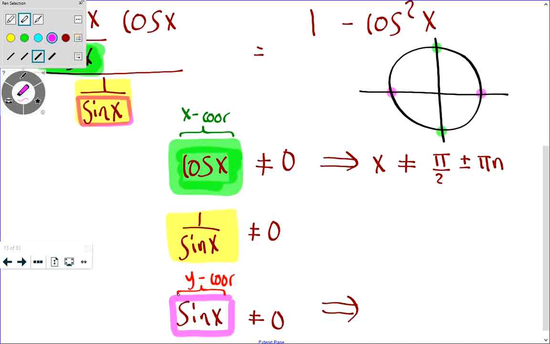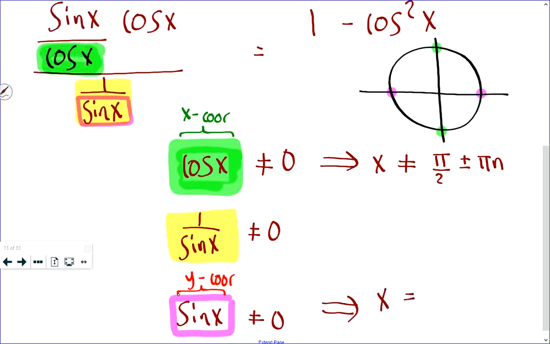Here and here. So now we can write that x is not allowed to be, well, this is 0 and pi, or negative pi and 2 pi. There's all kinds of ways you can write it. Basically, it's multiples of pi. And again, n is an integer, and we'll add that in later.